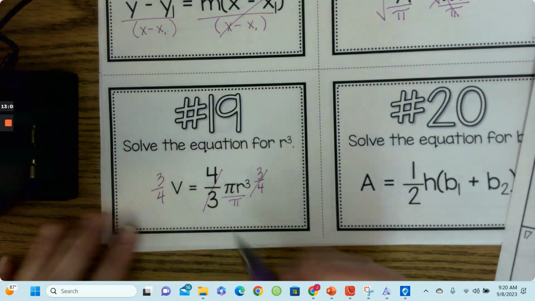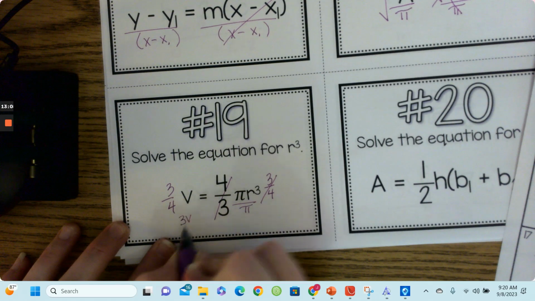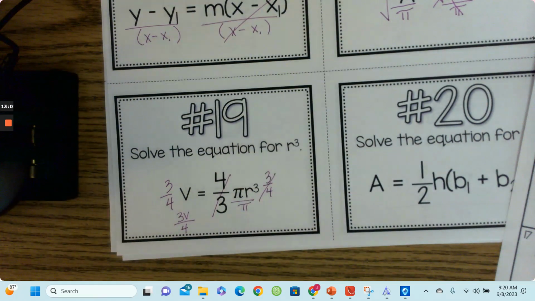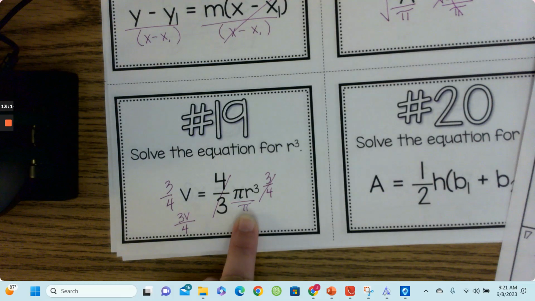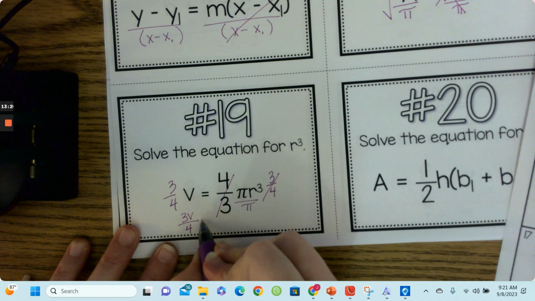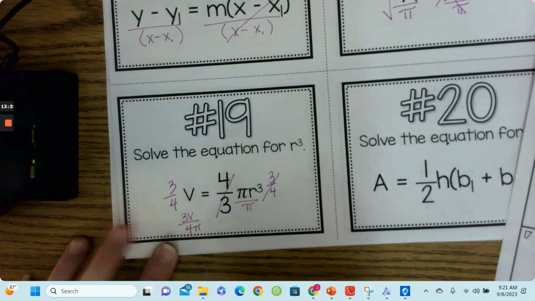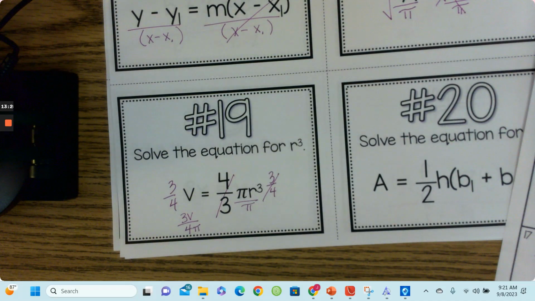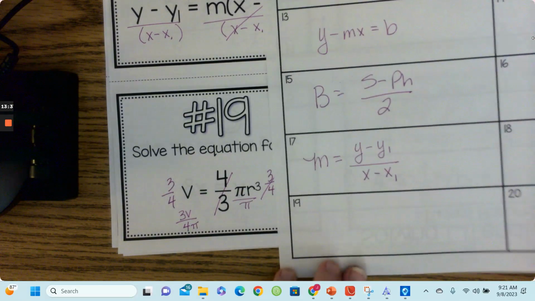When we start getting into fractions, the 3 and the v would go on top, and the 4 would go on the bottom, if I multiply those together and simplify. If I'm dividing by pi here and I want to divide this by pi, I can just add it to the bottom of that fraction. I know that's not giving you a lot of explanation. It's just fraction rules. I hate giving you that response. I hate telling you it's just because that's the way it's supposed to be.